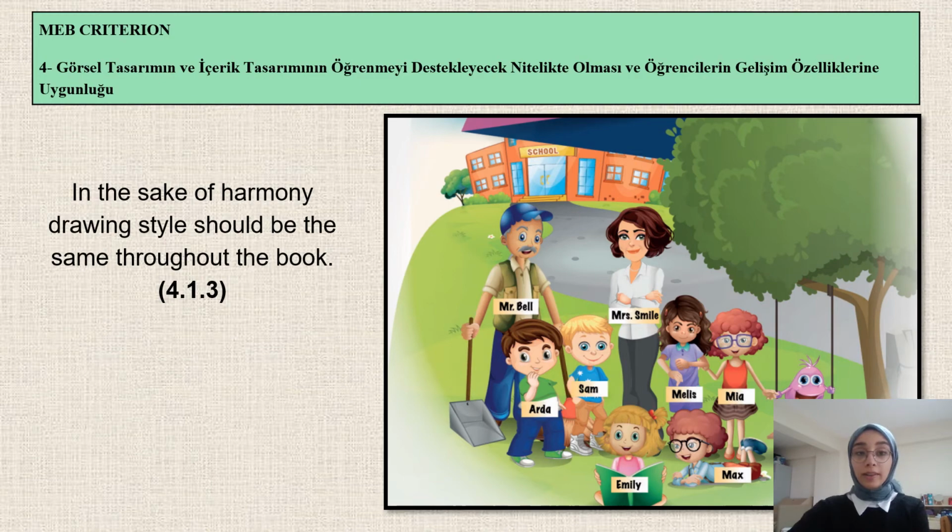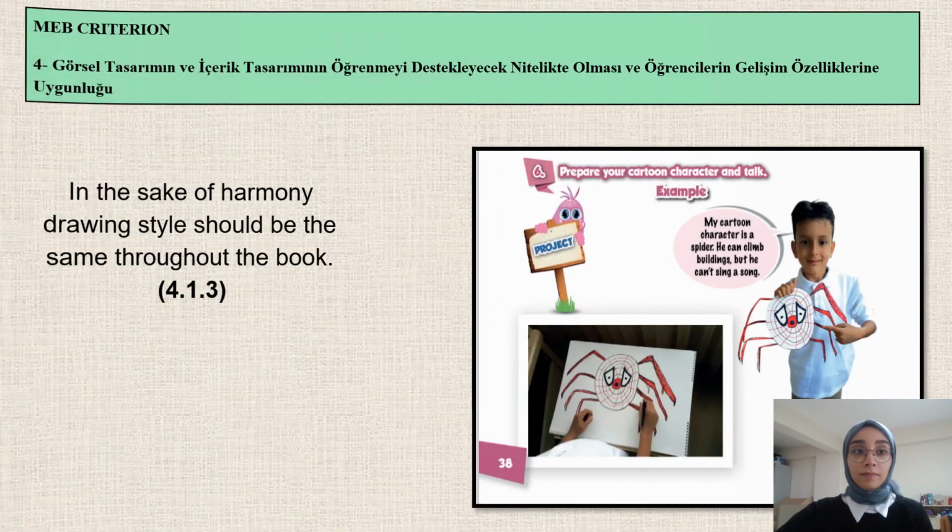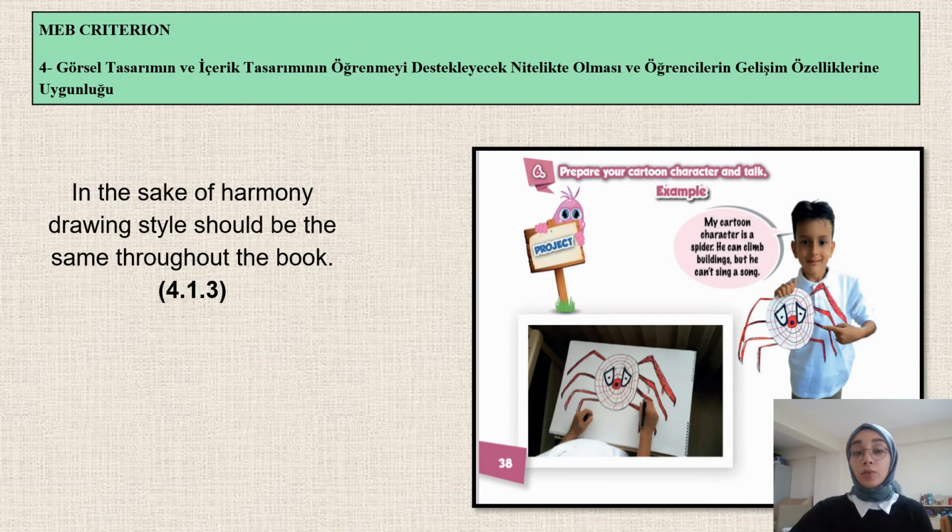In the same criterion, it also requires that for the sake of harmony, there should be the same drawing style. Let's look at the characters introduced first in the book. In the first part of the book, we always see those drawing kids.